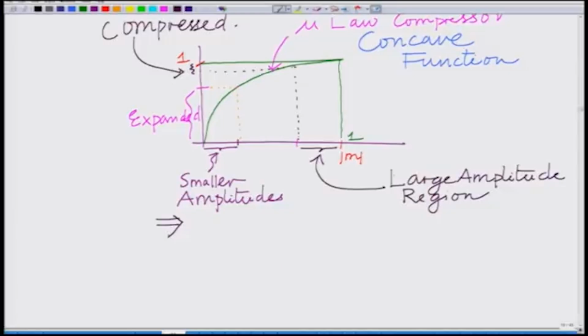So, this implies this region is expanded, and this region is going to be finely quantized.